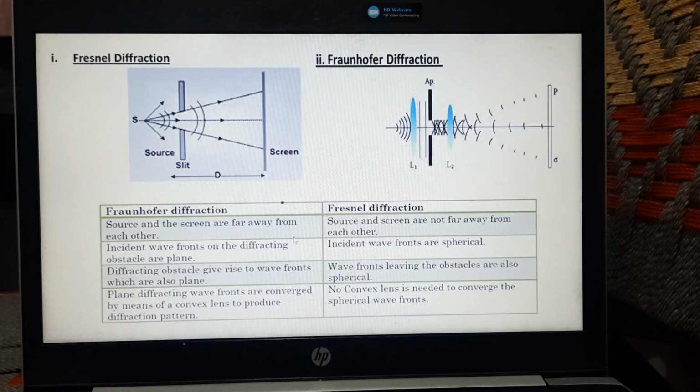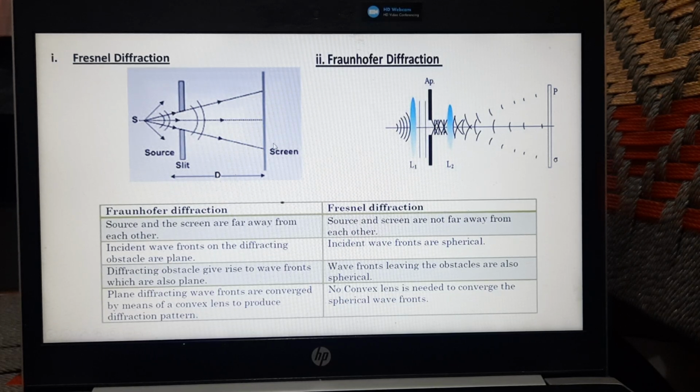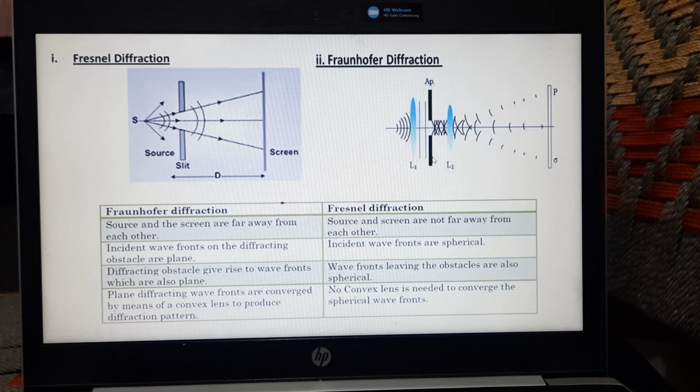I can show the Fresnel diffraction and Fraunhofer diffraction diagrammatically here. Look, the slit and the screen are at finite distance from the source of the light, whereas for Fraunhofer, the source and the screen are very far away from each other.